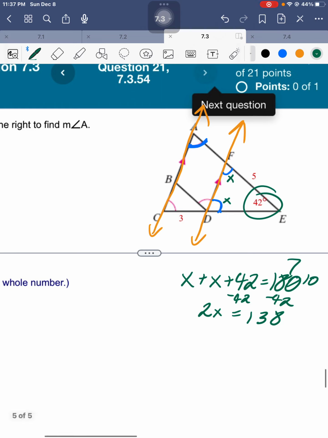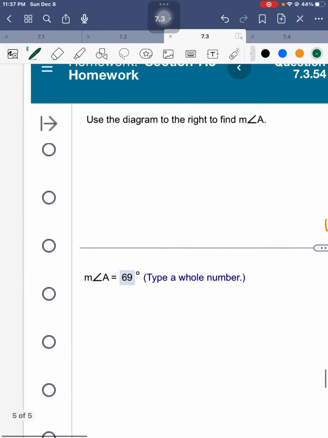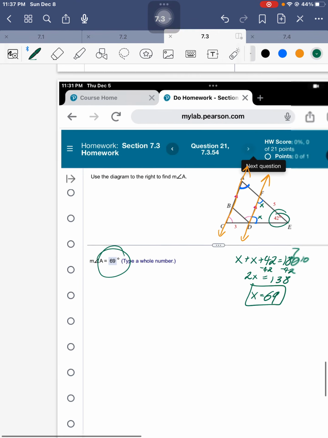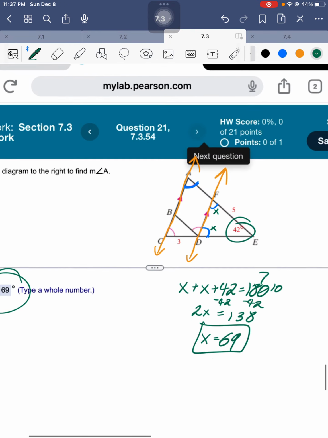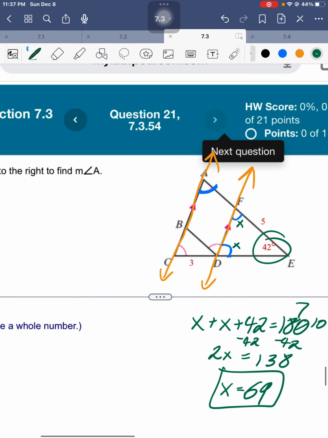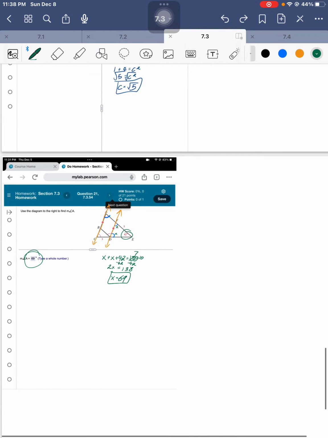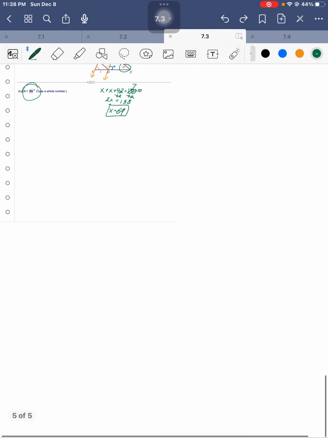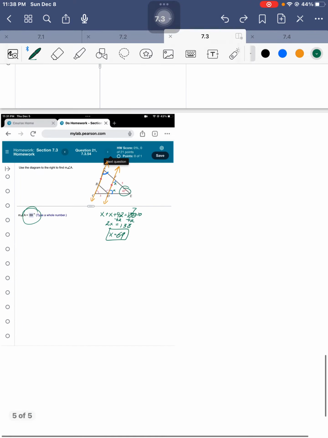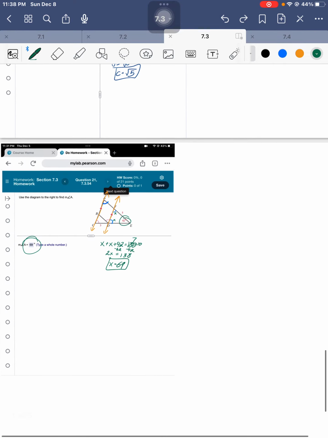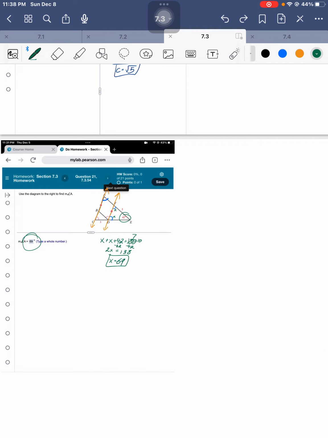And what is 138 divided by 2? X is 69. So is it 69? Yep, right here, 69 degrees. Perfect. So that's how you find those angles. Okay? So that's the end of 7.3.